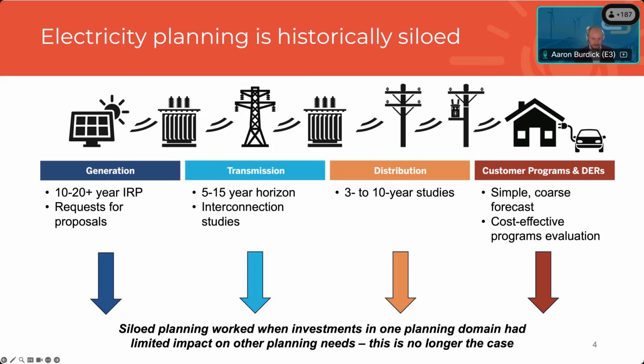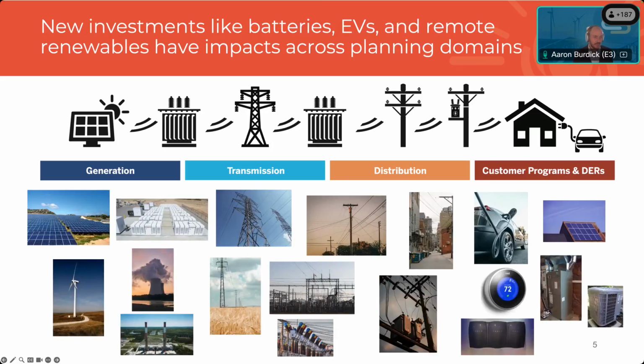This has worked okay in the past when we had investments within each of these planning domains that had limited impact on the others. But when we think about the investments of today and tomorrow, that's no longer the case. We have remote renewable resources being added to the grid that require transmission to reach load centers.